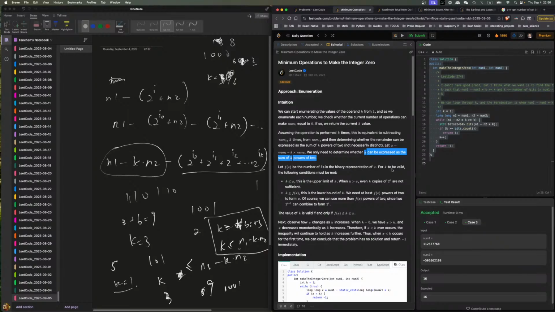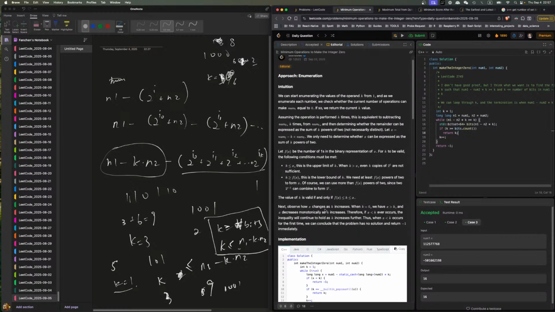For k to be valid, the following must be true. k is smaller or equal to x. Yes, this is the upper limit of k. And k larger than f(x), even if k is higher. Yeah, that's true. This is the lower bound. Yes, that's exactly what we're doing.